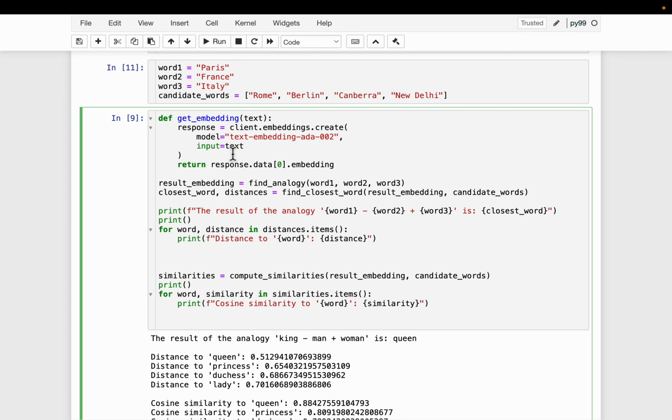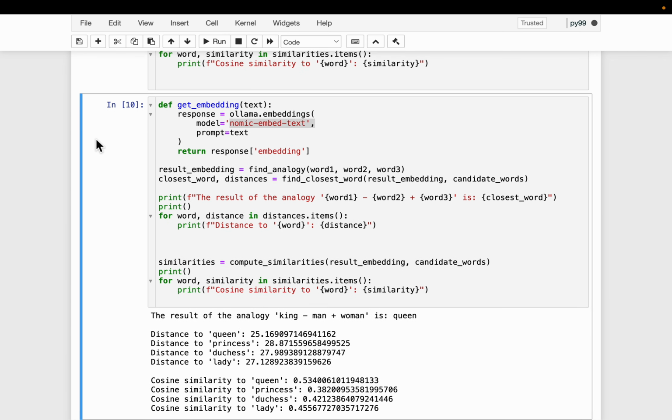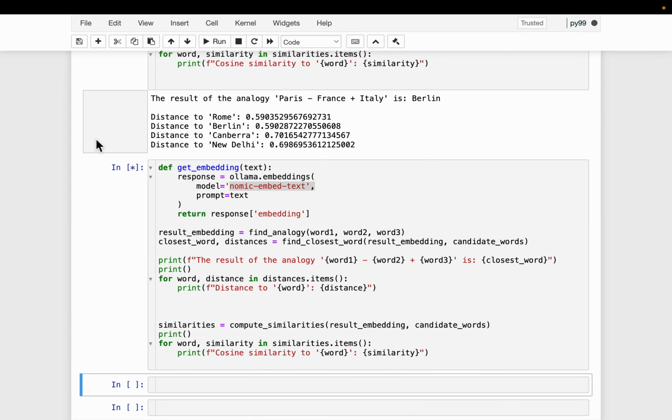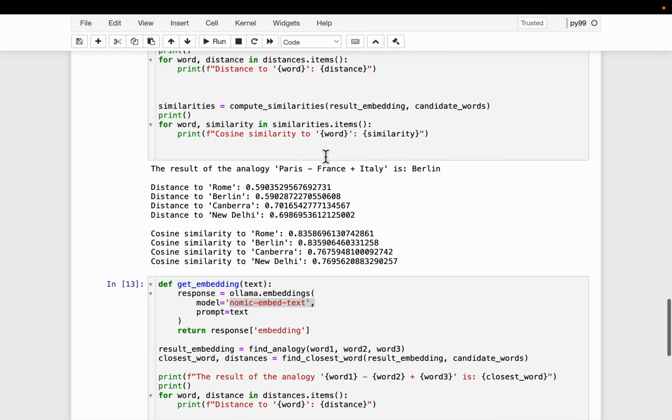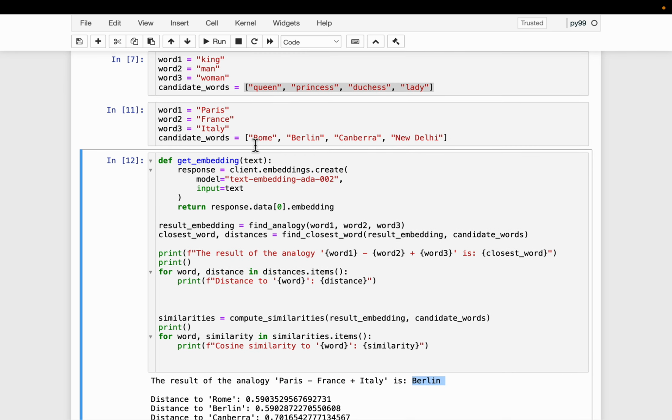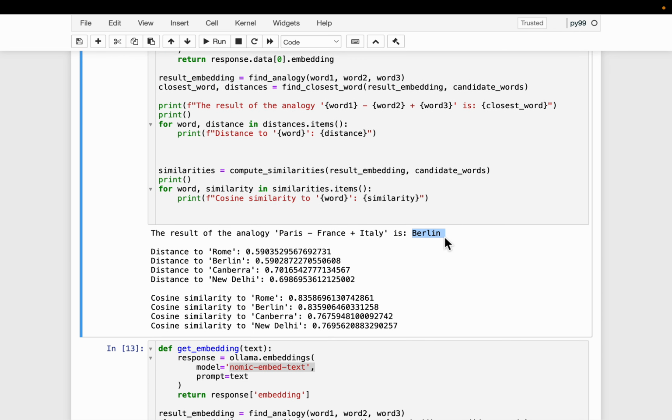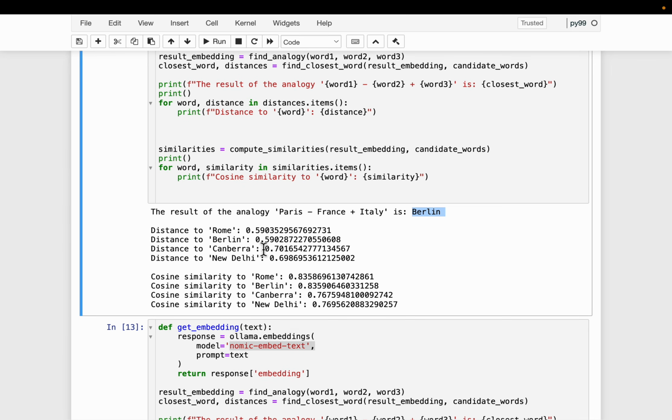Now let's compute with OpenAI and this one. All right, so with OpenAI, we should have got the result Rome, but we got Berlin, but that's okay. Let's see how much is the difference.